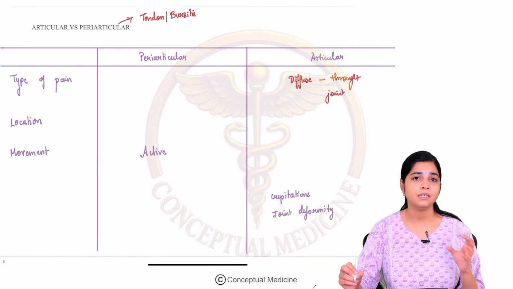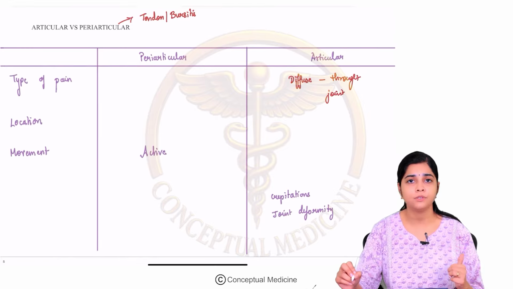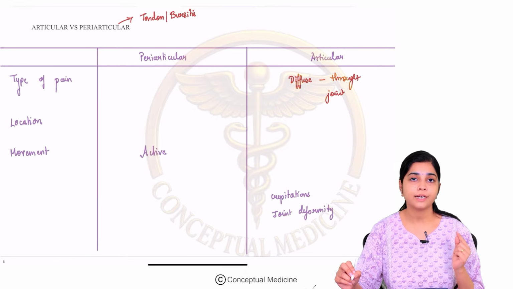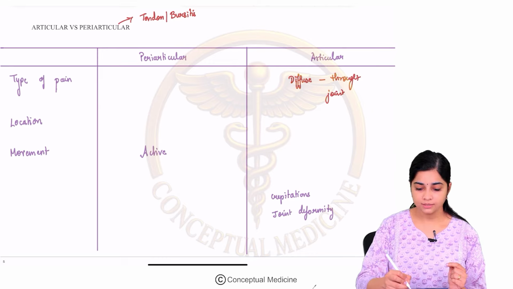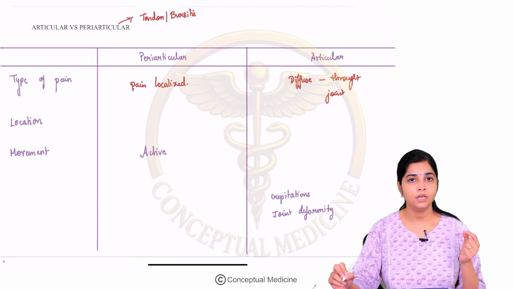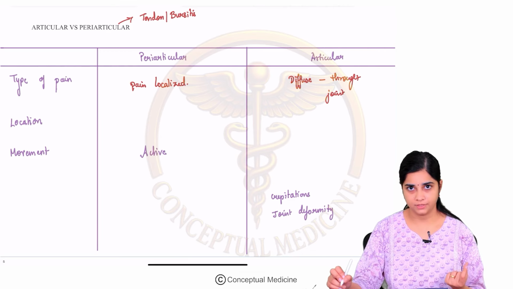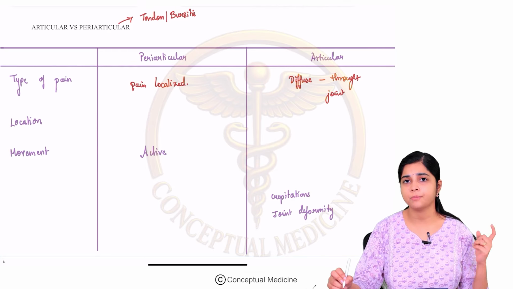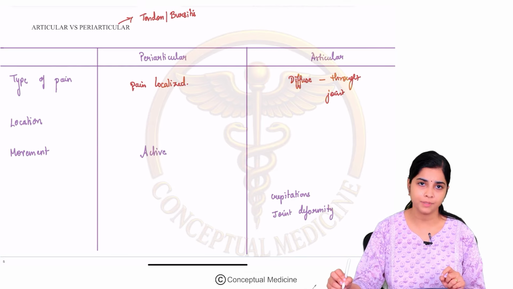The entire joint will be paining. But when you look at a periarticular pain, the pain will be localized to the particular attachment of the tendon or to that particular bursa. It is very localized, and the patient will be able to point out exactly where the pain is.